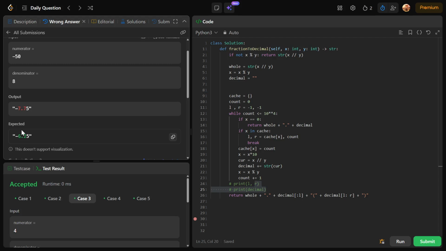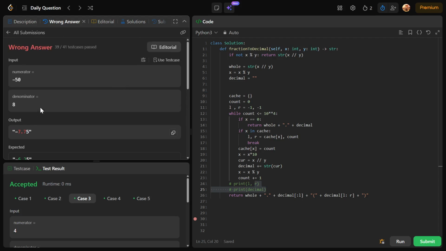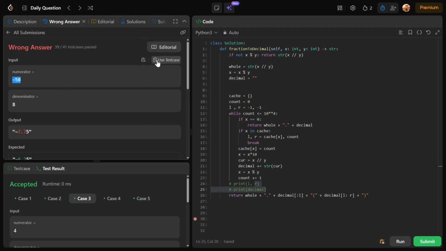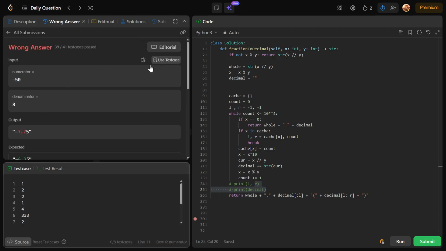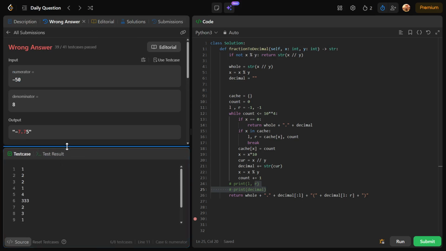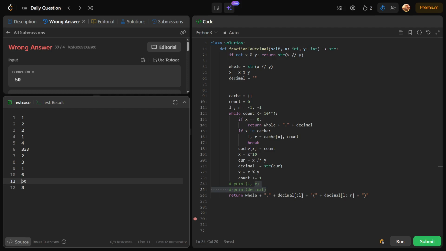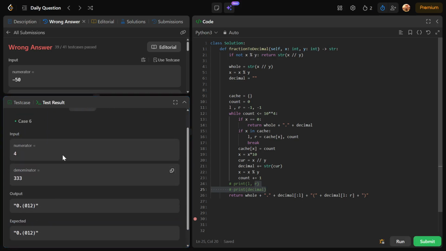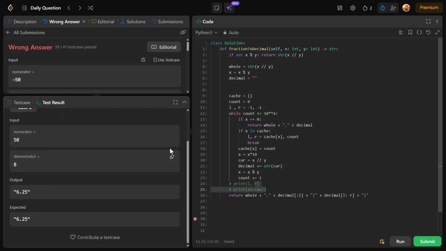Okay, there's negative. Fine, let's do negative thing. I don't think this should be hard. Let's just do positive first. Check if it works, if it's 6.25. Okay, so if it's negative, okay, fine.